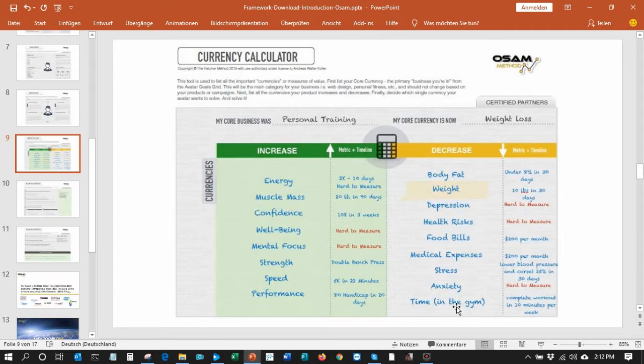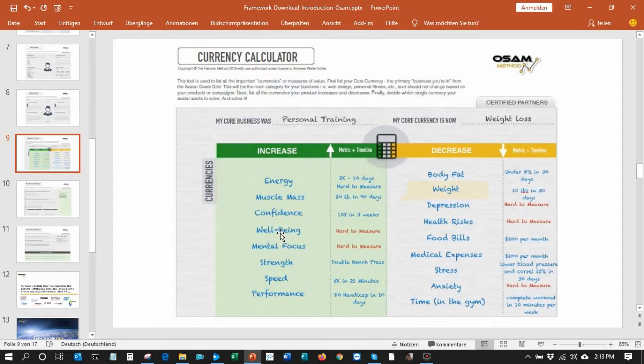Usually the best is to first do single words, and don't go for phrases here. Really try to go for a single word. Why? Because we try to find a single currency. Yes, here it's two words, that's fine, but don't make sentences here.